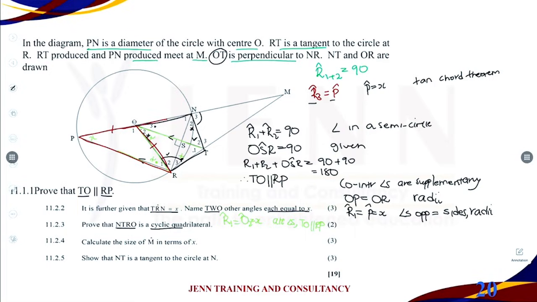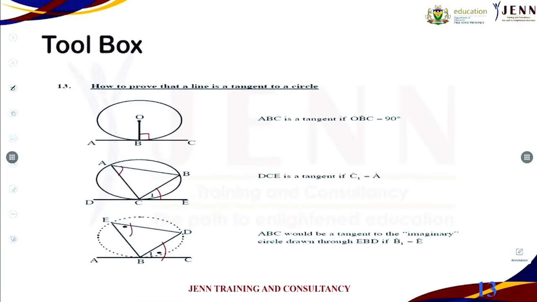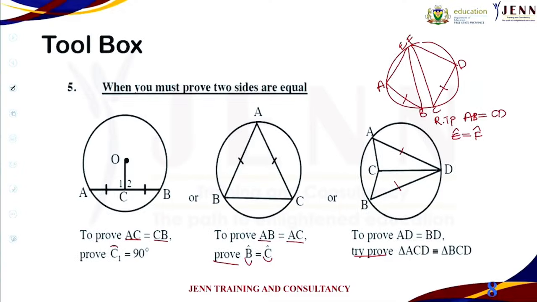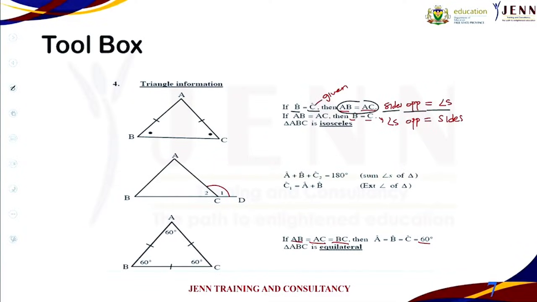So using our triangle information, angle O2 plus angle O3, when you add the two, this is an exterior angle. When I go back to my toolbox, under triangle information, I mentioned that if we have an exterior angle of a triangle, the size of angle A plus angle B, when you add the two, must give you this exterior angle of the triangle.